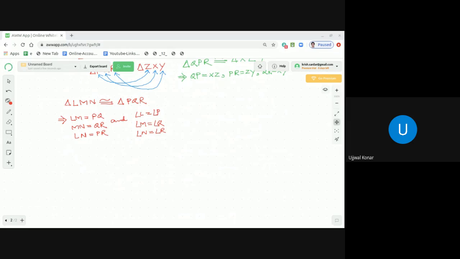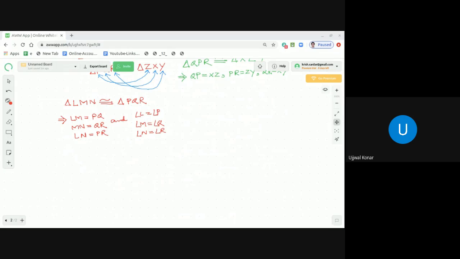Any triangle has 6 parts, the 3 sides and 3 angles. Those 3 sides and 3 angles have to be exactly equal so that we can conclude that these 2 triangles are congruent.